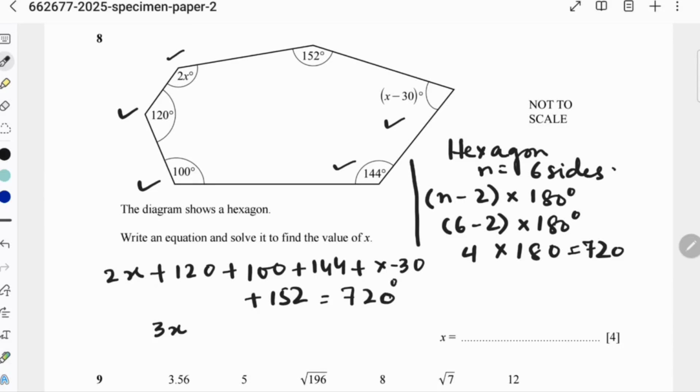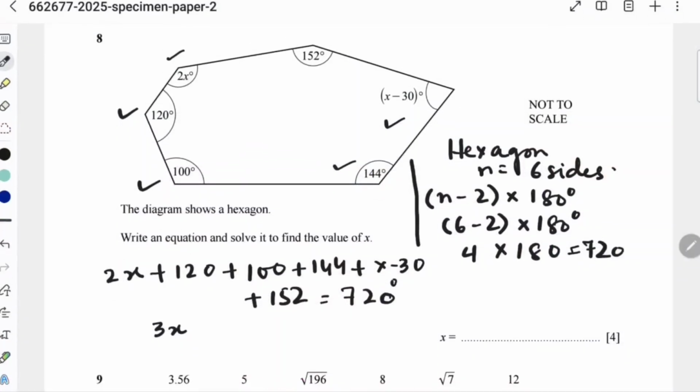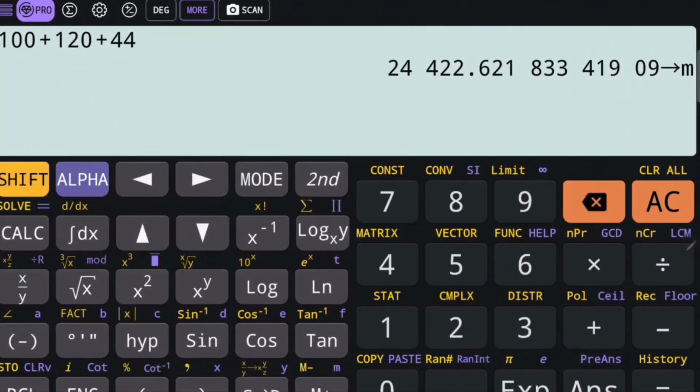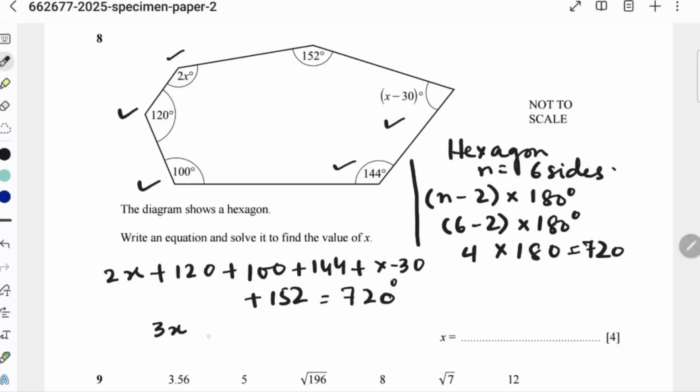120, 100, 144, 152 and minus 30. We are having 120 and 100 is 220, then 144, then 152 and then minus 30, and 3x equals 720.